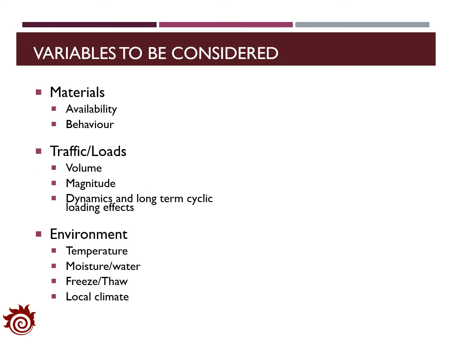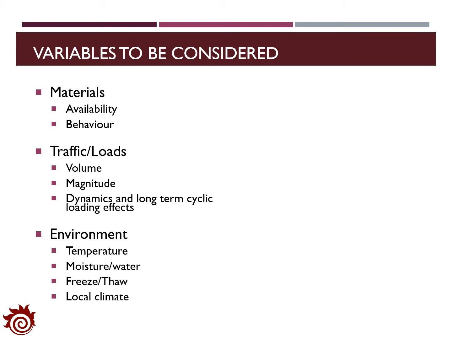Here are some important variables we have to consider in pavement design. The first one is about the materials. We need to determine whether the materials are available for the pavement design in that area, and also the properties of the material and its behaviors under different load and environment. The second one is traffic and load.